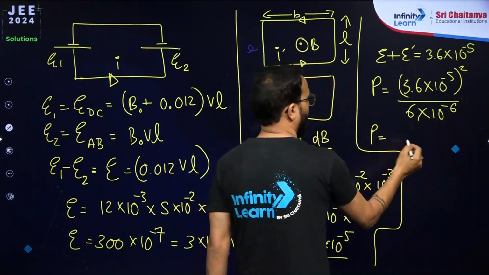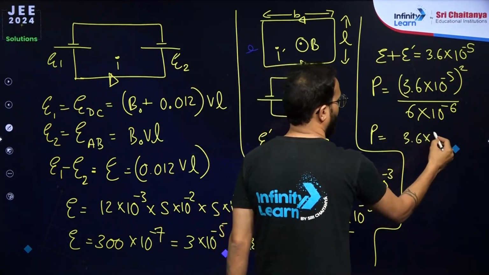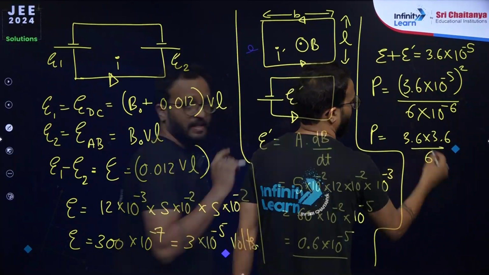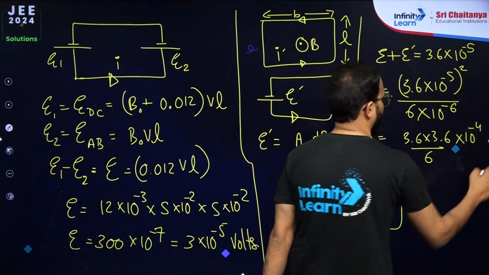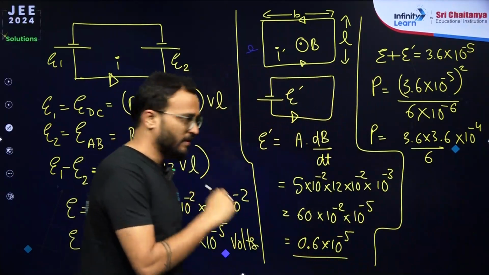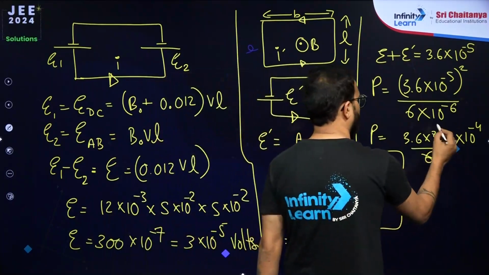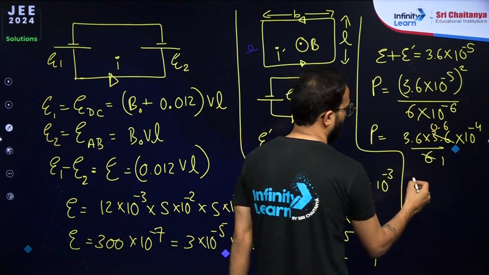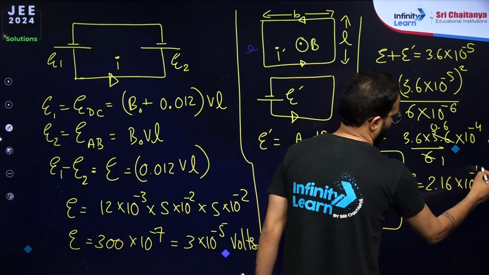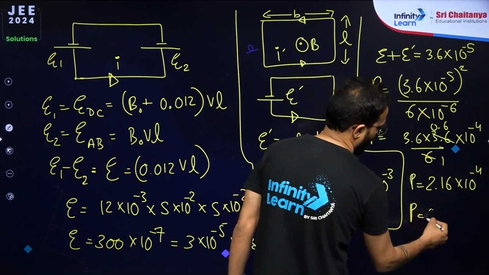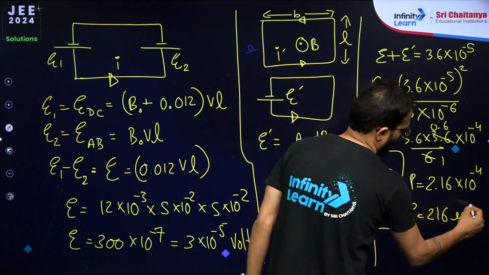Right, so if you solve it, it will be 3.6 into 3.6 upon 6 into 10 to the power minus 4, right? So 6 ones are 6, 6 6s are, so it will be 2.16. So it will be 216 microwatts.